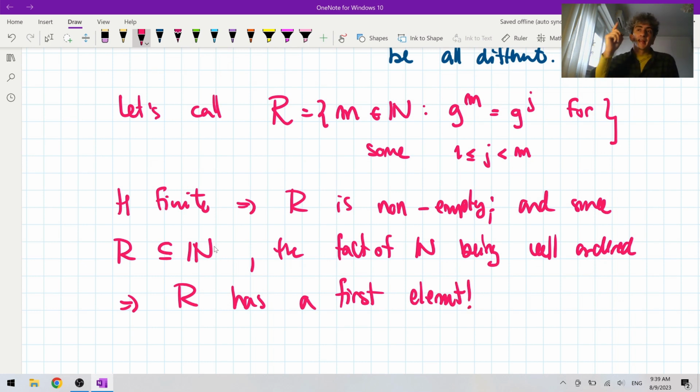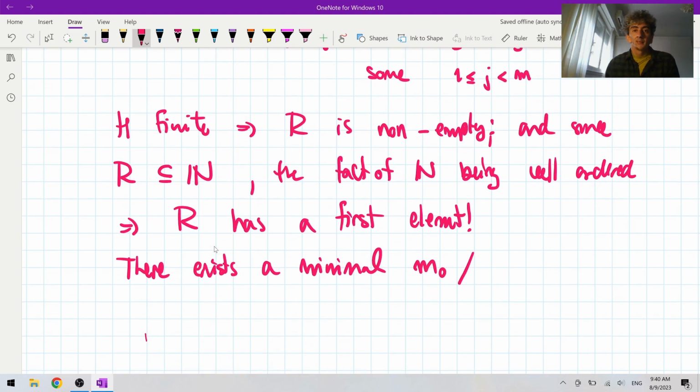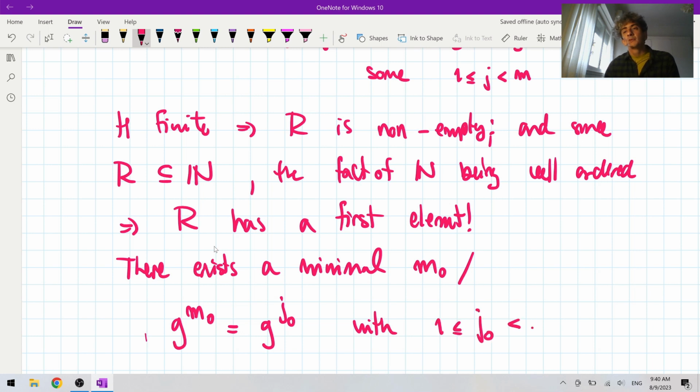So there's a first natural number M such that G to that natural number equals G to some other natural number lesser than M. So there exists a minimal M naught such that G to the M naught equals G to the J naught with 1 lesser or equal to J naught less than M naught.